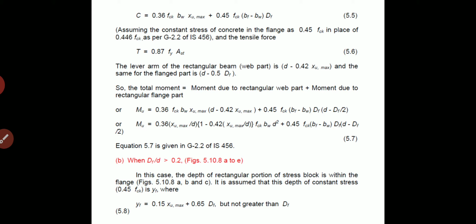The lever arm of the rectangular beam is d minus 0.42 Xu, and the same for the flanged part is d minus 0.5 Df, depth of flange. So the total moment is the moment due to the rectangular web part plus the moment due to the rectangular flange part.